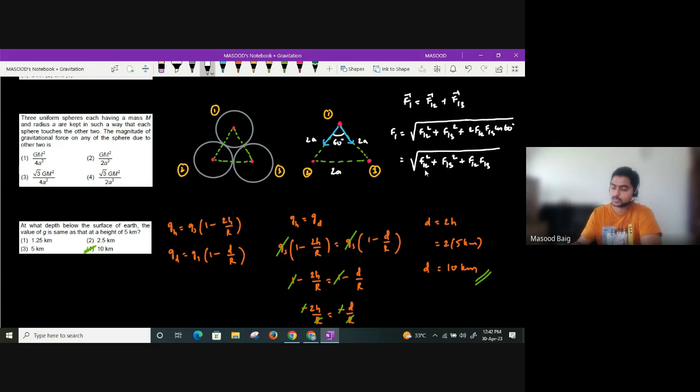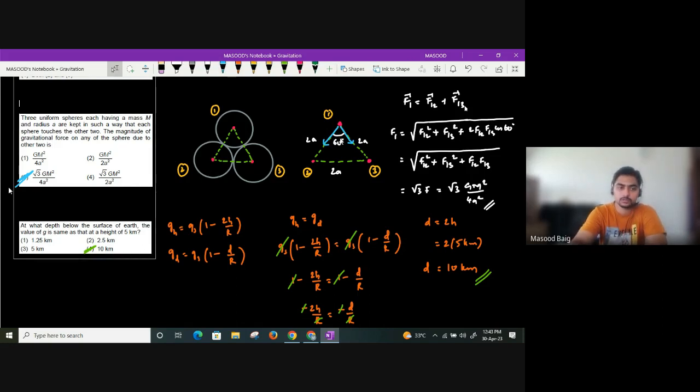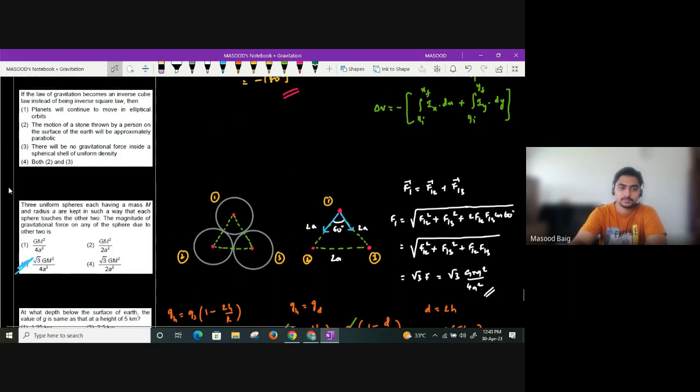F12 and F13 are both the same in magnitude, so I'll get F square plus F square plus F square, which is root 3 times F. And what will this F value be, beta? Gm square divided by 2a whole square, which is 4a square. So root 3 Gm square divided by 4a square is the force acting on one sphere due to the other two. I hope it is clear.